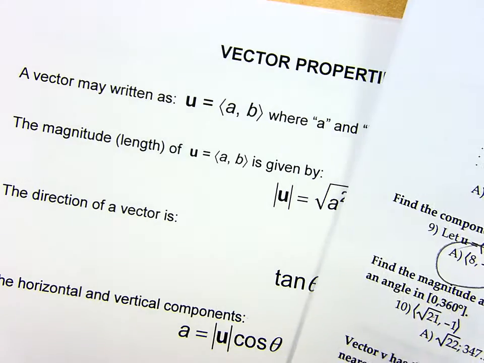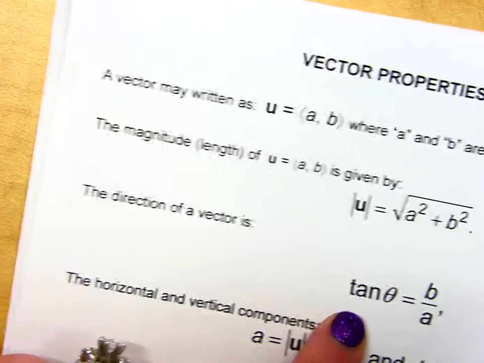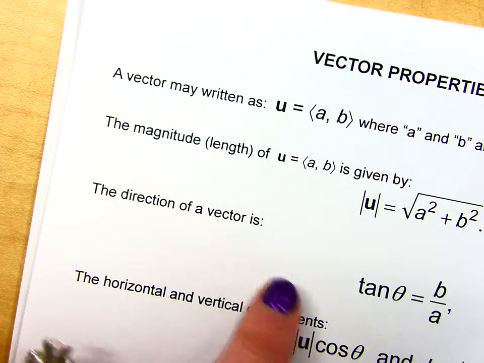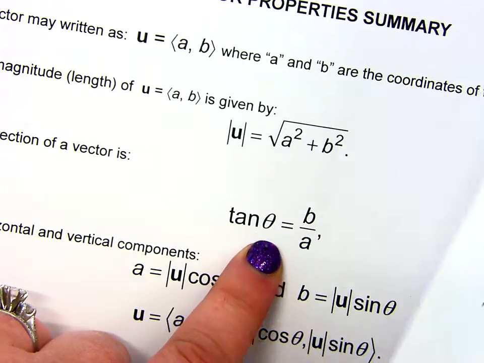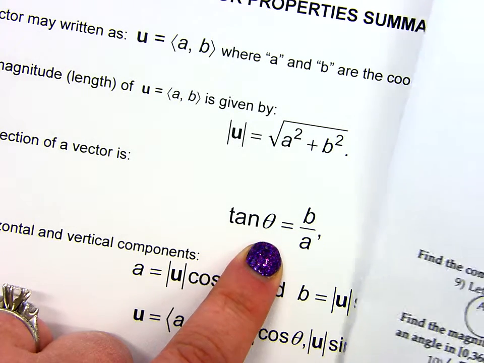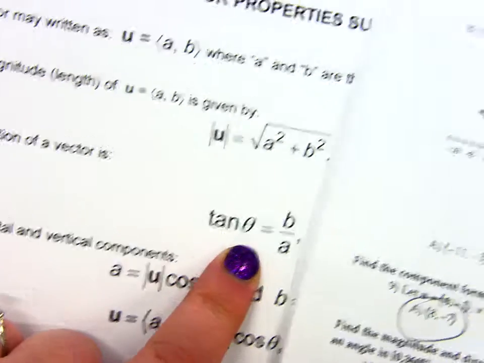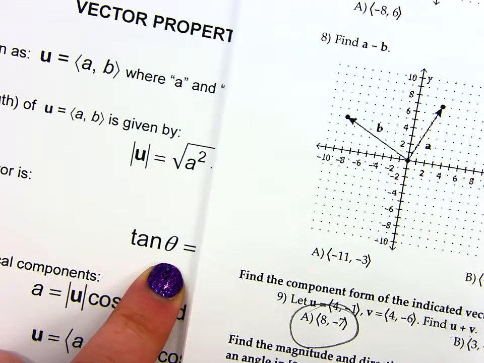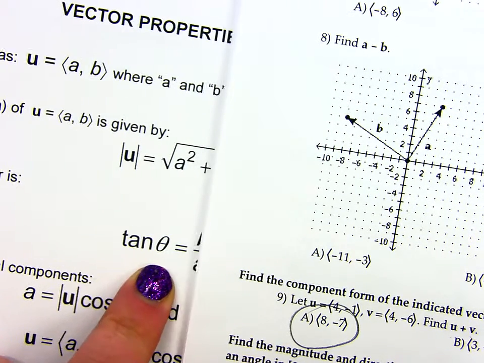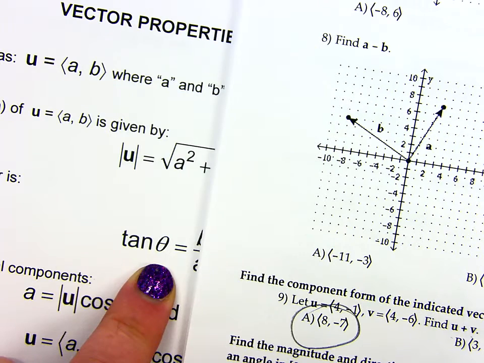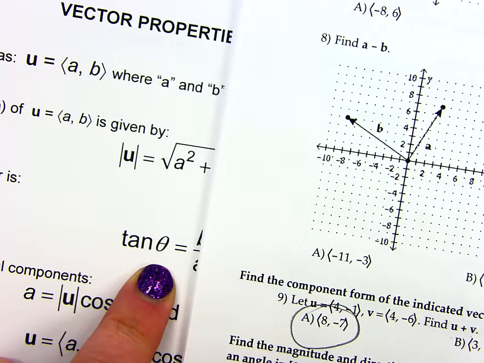Now I have to figure out this direction angle. The direction of a vector is, there it is: tangent of theta equals B over A. So tangent of my angle will be B, which is negative 1, over A, which is the square root of 21.